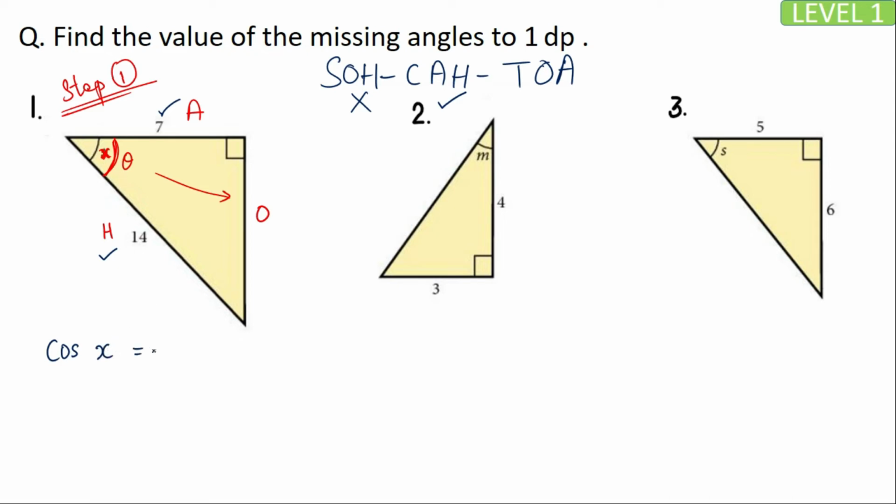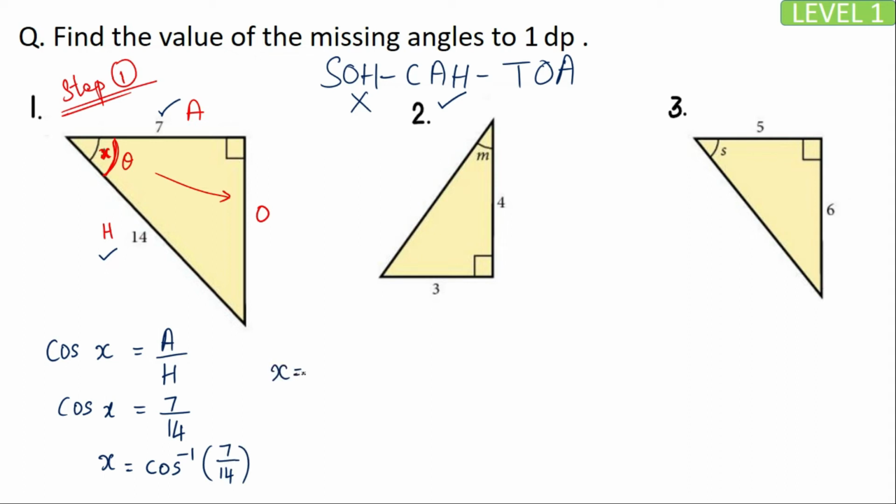Cos x is equal to A over H. So cos x is equal to 7 over 14. So x is going to be cos inverse of 7 over 14. 7 over 14 is 1 by 2, or you can write 0.5.